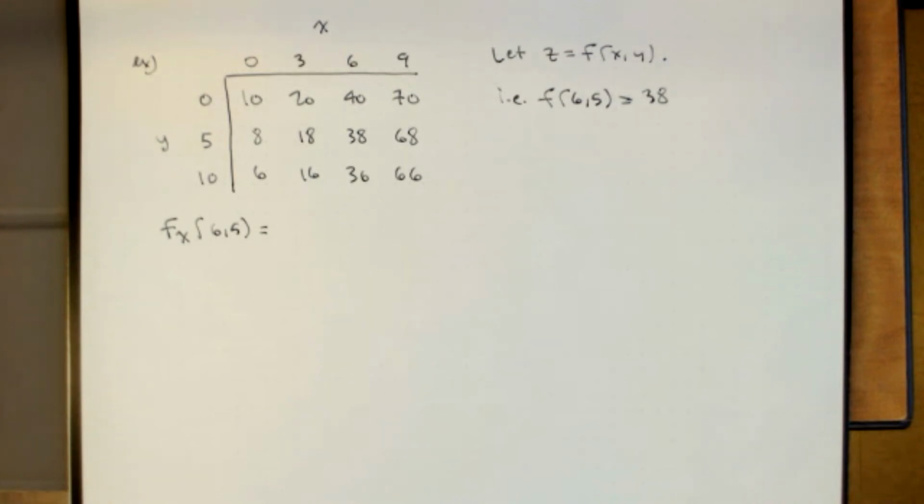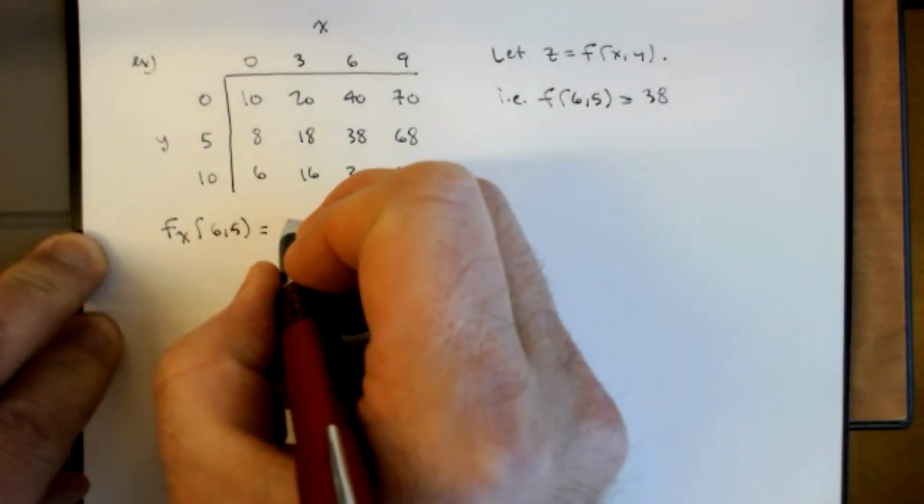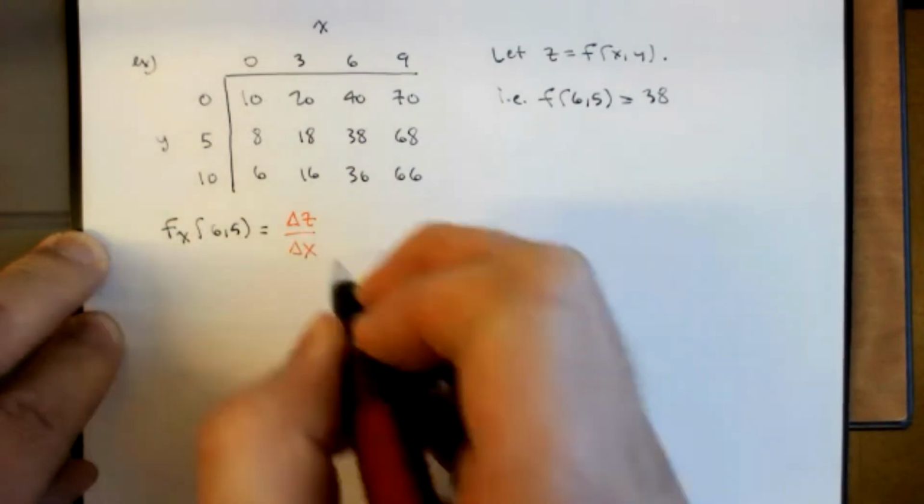I didn't have to make a distinction between x and y before. I just had to write f prime. But now I have to distinguish between the change in z in the x direction and the change in z in the y direction. So this is going to be the change in z in the x direction.